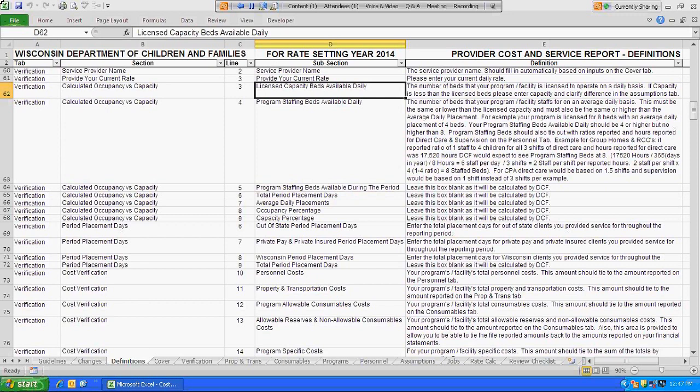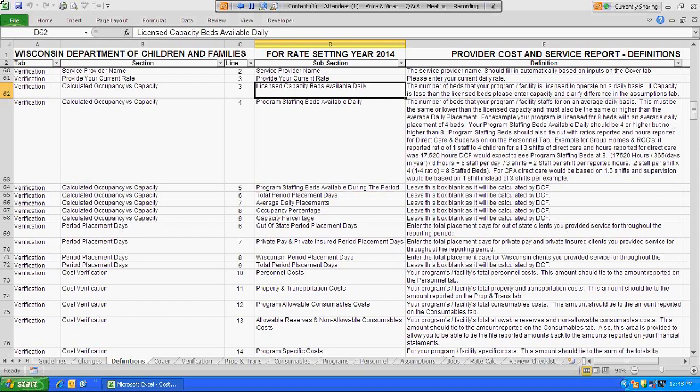What that means is, if you're a child placement agency licensed for 200 beds, but your true capacity with your staffing and foster parents available, year in, year out, is only 100, then you would report 100 beds as your licensed capacity beds, even though you're licensed for 200.